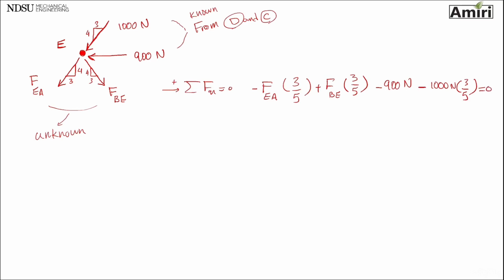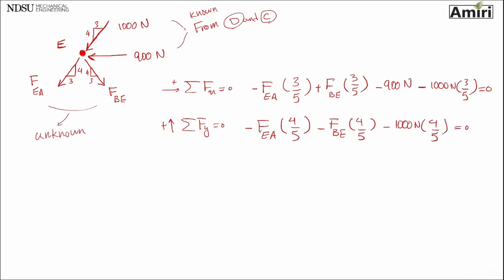That's one equation. My second equation, so summation of forces in y direction. Force EA pointing down, and that is going to be 4 over 5. Force BE, 4 over 5. And 1000 newtons, 4 over 5 equals 0.